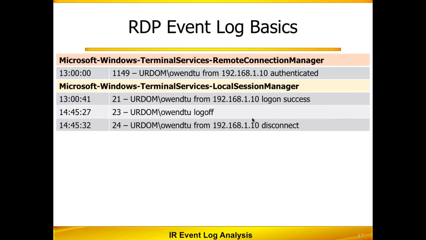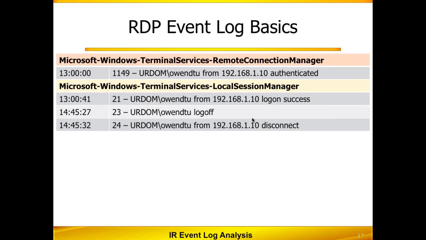These are remote connections, remote authentication from various IPs. And in the 1149 events, you can see user and domain and source IP address for the connection, and of course the time that that connection occurred.